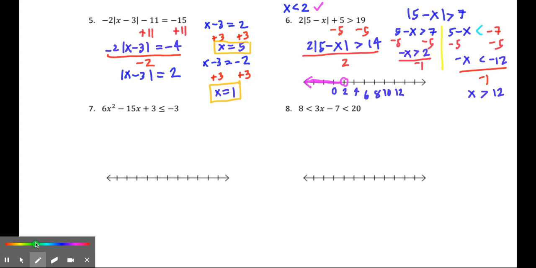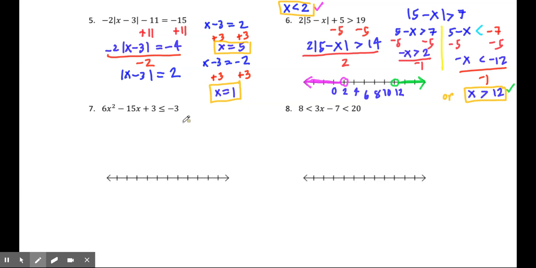And then x is greater than 12, and then open dot at 12 and shaded greater than 12. And then that's your answer, these two inequalities. So x is less than negative 2 or x is greater than 12.